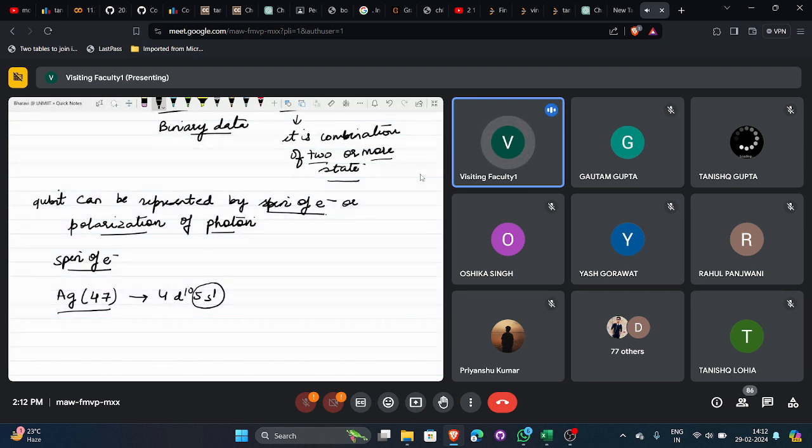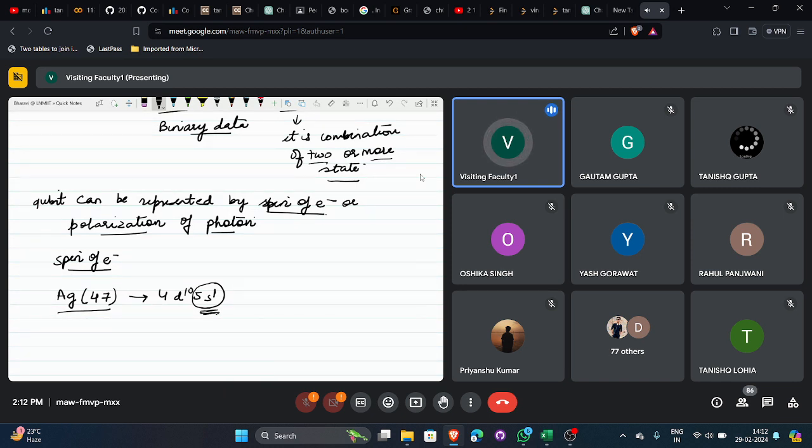You might remember that an electron in motion always generates a magnetic field. You might have studied this in a more intense manner in magnetism, so only that concept we are using. When an electron revolves, it generates a magnetic field, and when these electrons are in pairs, the magnetic field gets cancelled. But what about the last electron?